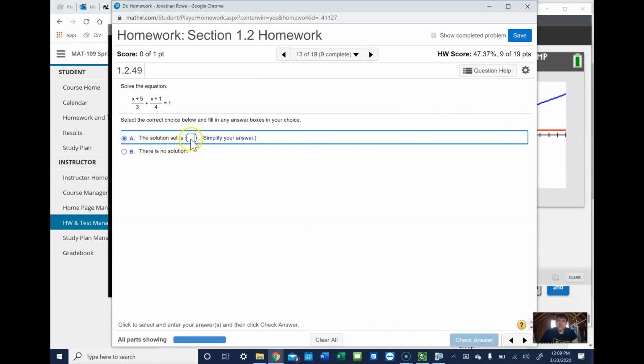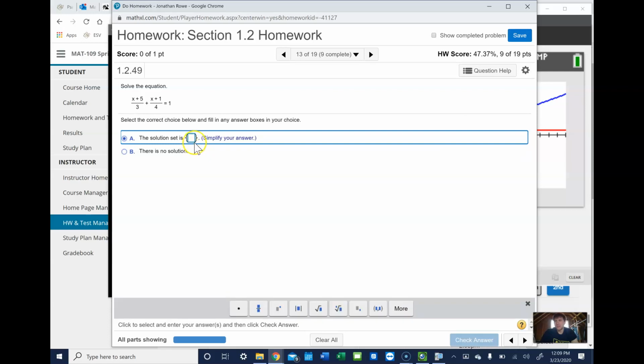Alright, let me see. I'm a little worried about what it says right here. It says simplify your answer, which makes me worried that it may not want a decimal. It may want something else. And if that's the case, I will need to show you a different thing. But let me try typing it in.